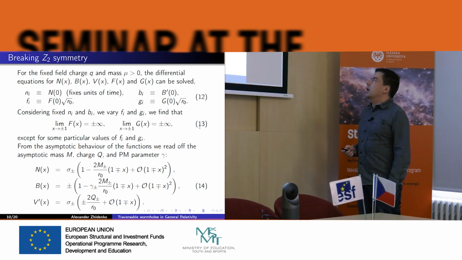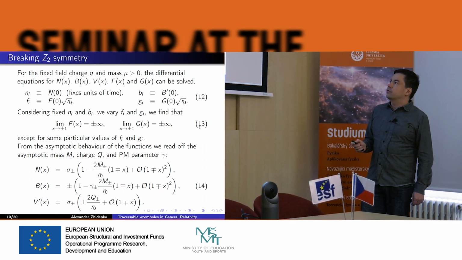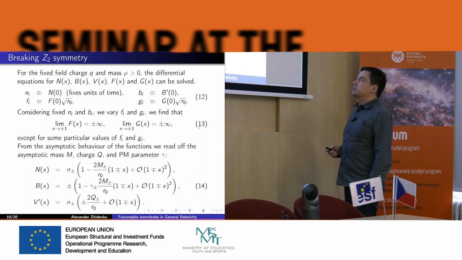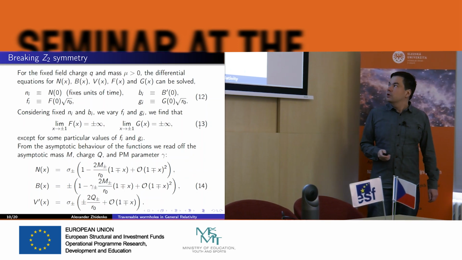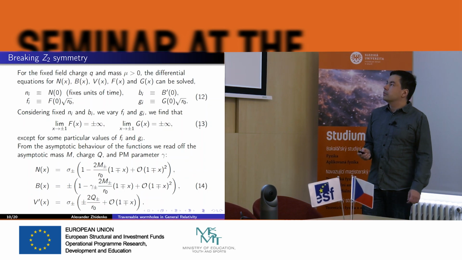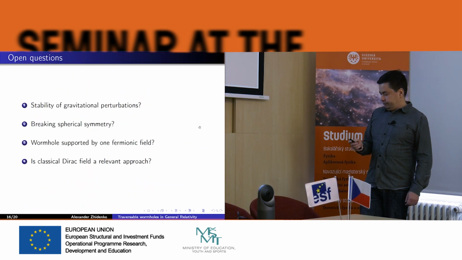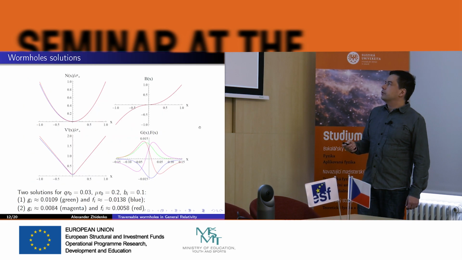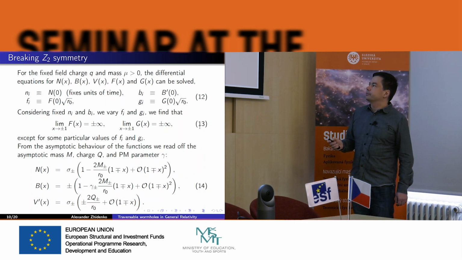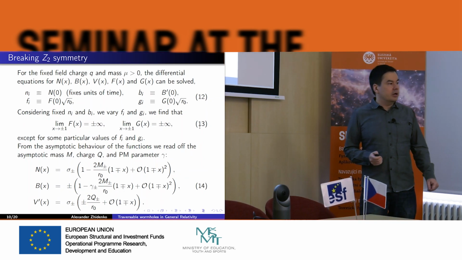If we fix ni and bi and vary these two functions, we see that our solutions have problems at both infinities. Usually they diverge like this, except for some particular values of fi and gi.